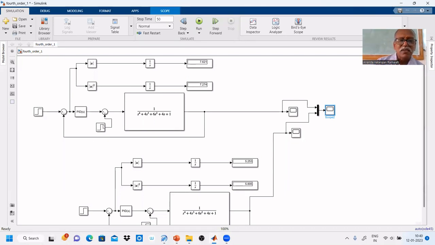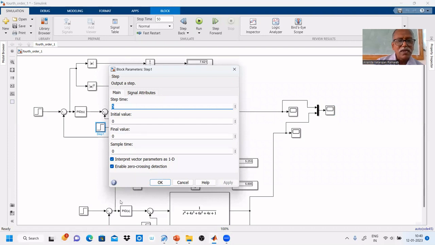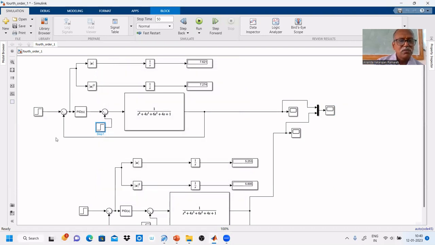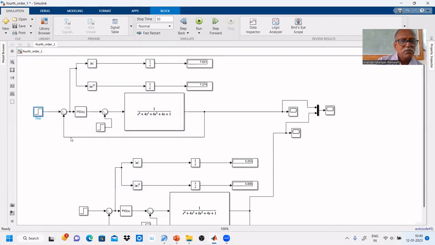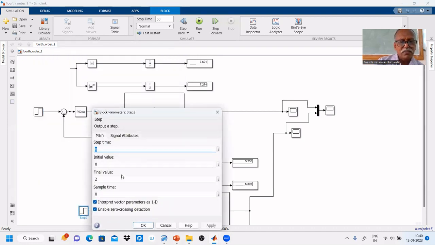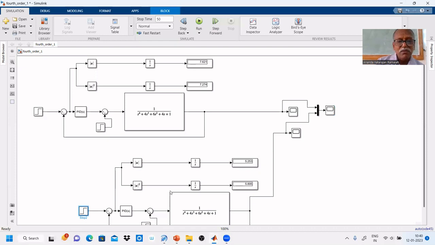Now let us check the final part of this experiment, which is the regulatory response. We have to give a disturbance. The final value of this is 0, and the final value of the set point is 0. It remains at the nominal value.